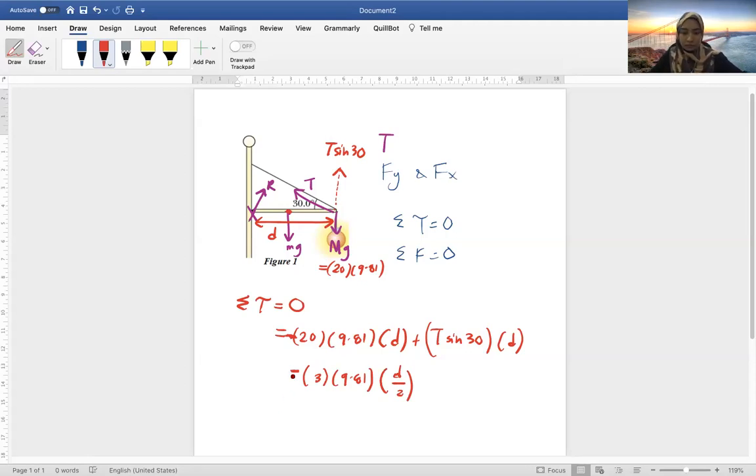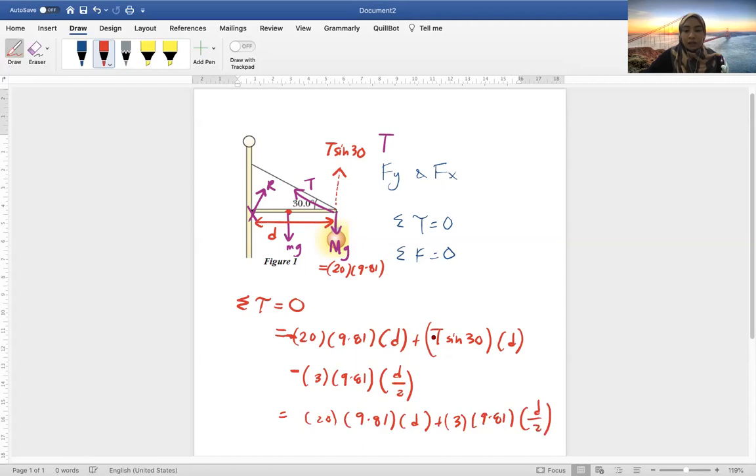Let me rearrange this to solve for T. Positive 20 times 9.81 times D, and positive 3 times 9.81 times D over 2.